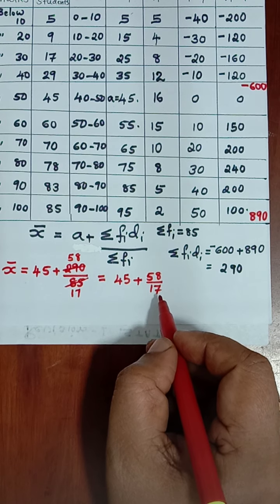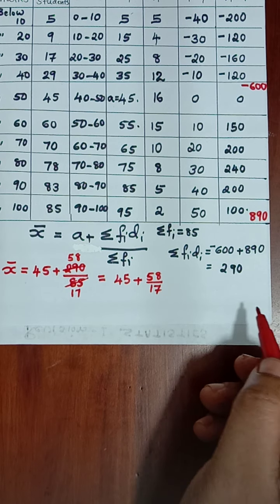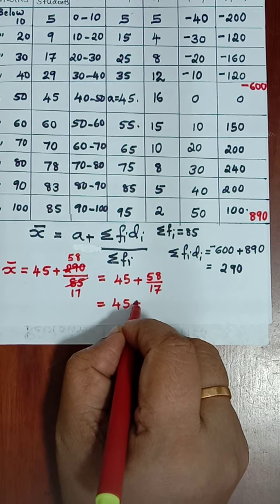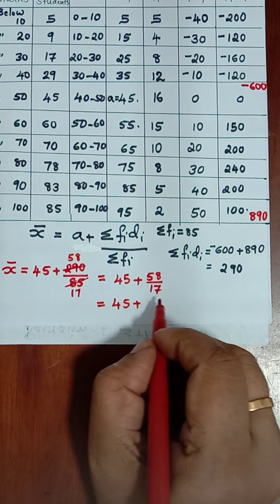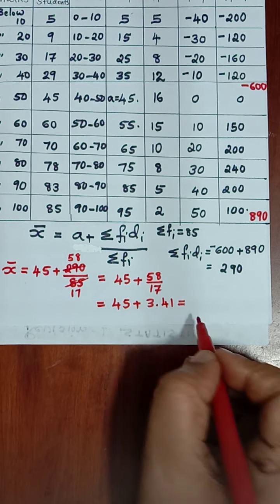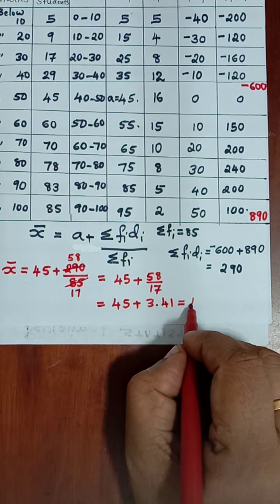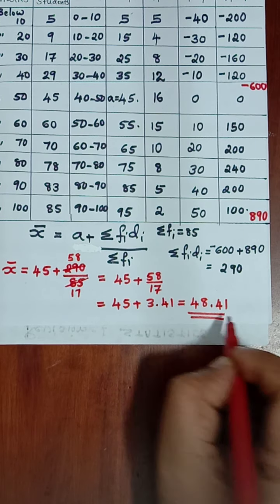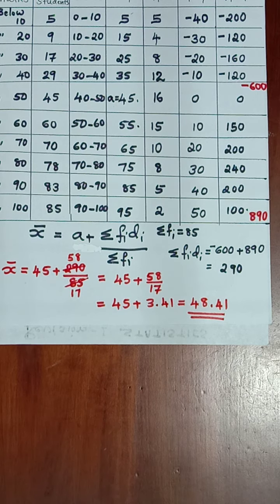Do the division of 58 by 17 and you will get 3.41. Add both, 45 plus 3.41, 48.41. This is your mean marks.